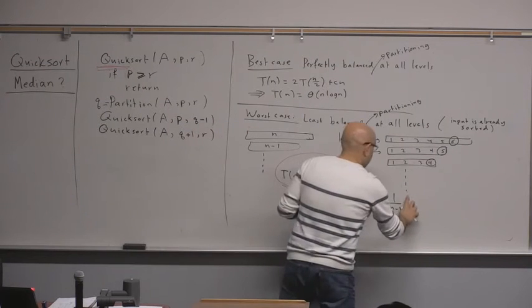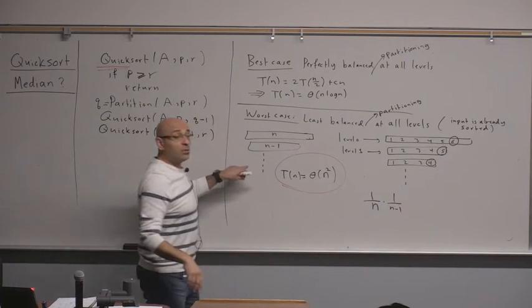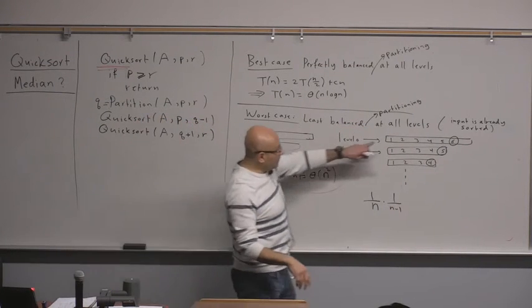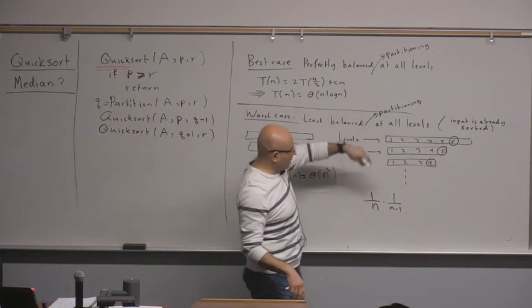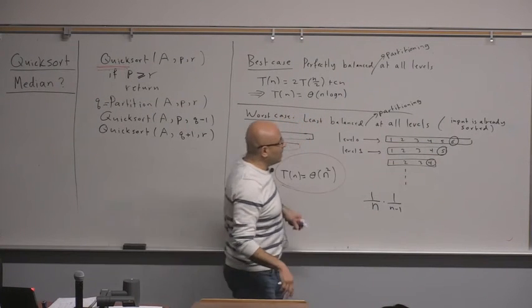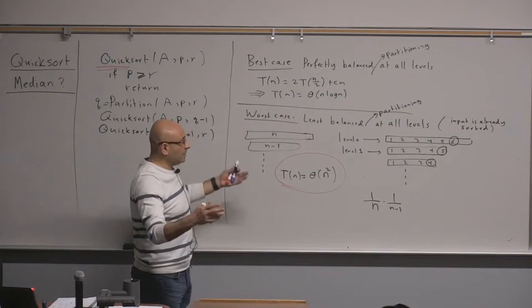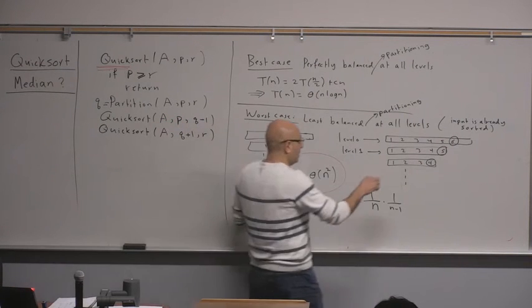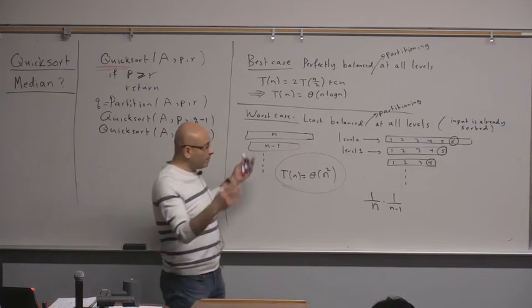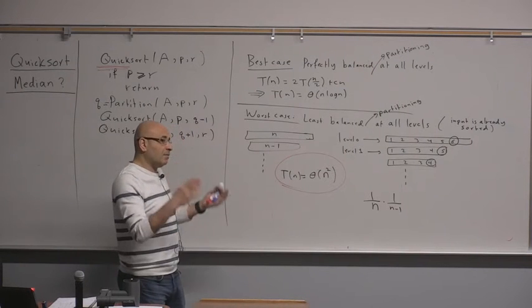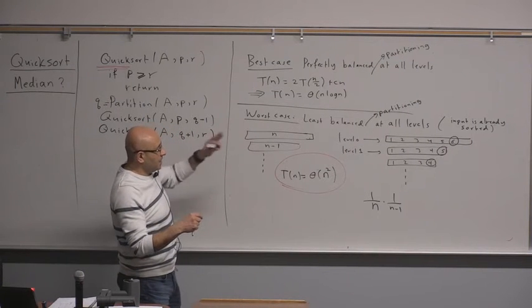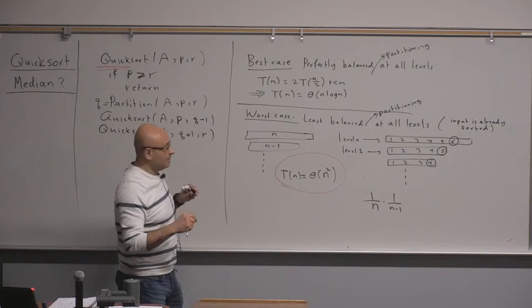Yeah, so in order to get this worst case, the probability of picking the worst possible element, the maximum or the minimum, to be the pivot is 1 over n. Well, in fact, the probability of picking the maximum is 1 over n if the elements are distinct.